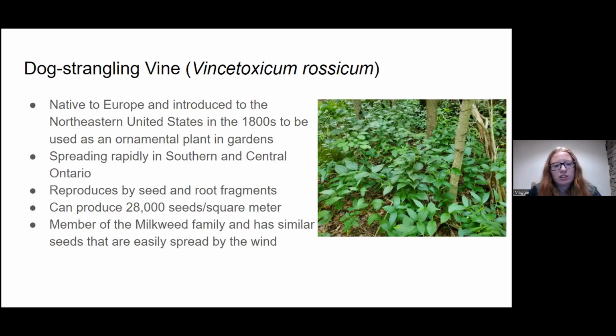It reproduces by both seed and root fragments. And it's a member of the milkweed family. It has similar seeds, where it's a pod that cracks open with tufts of seed that's easily spread through the wind.